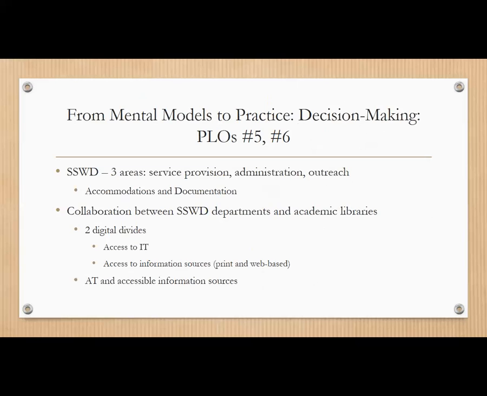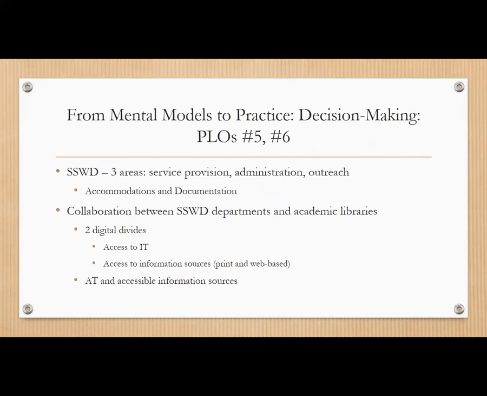In collaborating with academic libraries, however, SSWD departments have the opportunity to address the accessibility of information sources available in the library. Addressing the accessibility of online information sources can be termed a second digital divide, which can be significant in an environment that is considered to have made strides in closing the first digital divide, which is access to information technology.